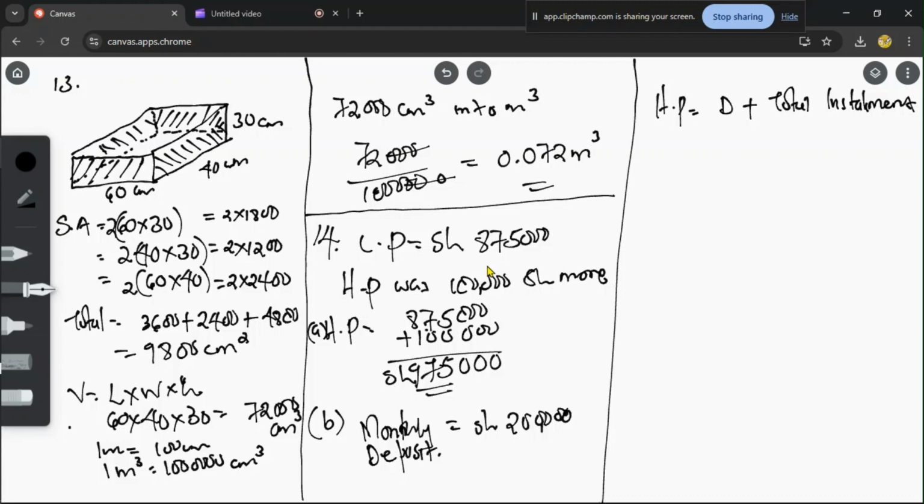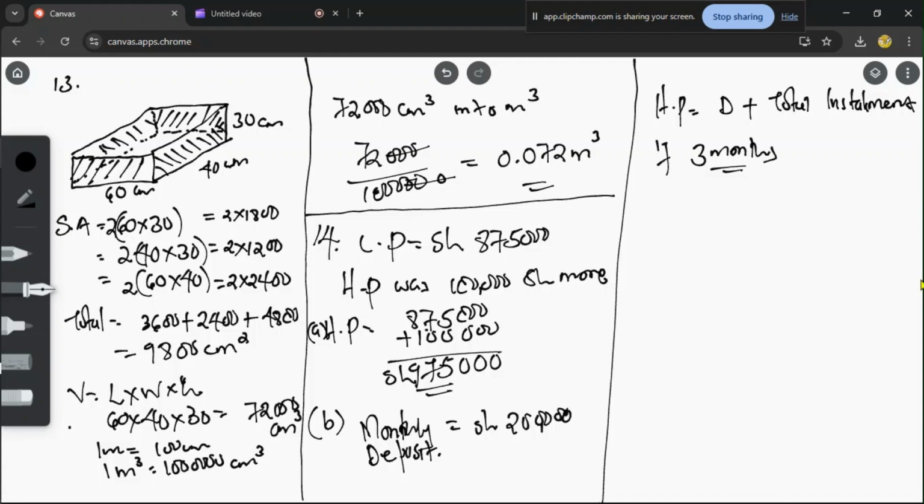So I'll fix a value here. If the monthly installments were for a period of maybe 3 months, let me say 3 months. So each month he takes 200,000 as installments.